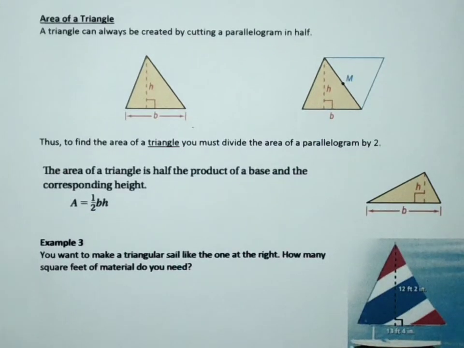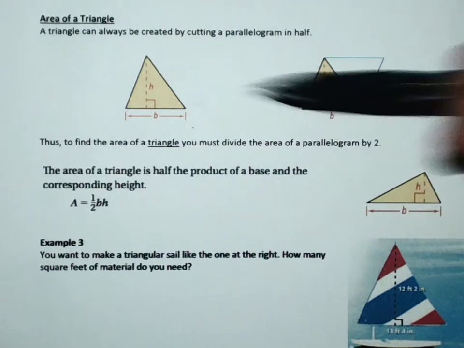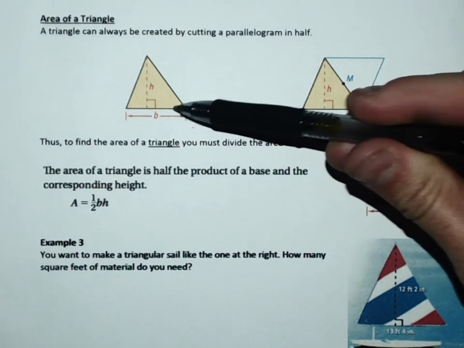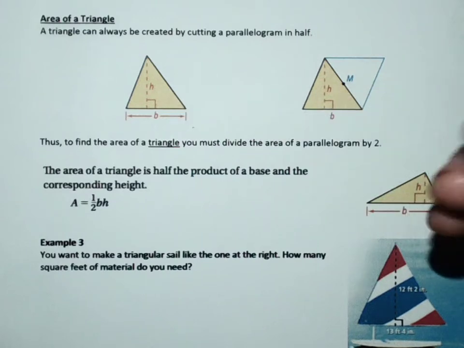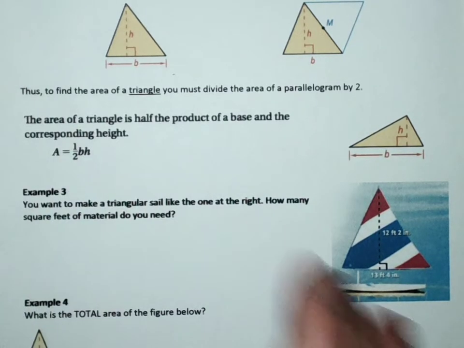All right, areas of a triangle. A triangle can always be created by cutting a parallelogram in half. If we take this parallelogram over here, we cut it in half. That's the exact same triangle that we have here. Therefore, the area of a triangle is equal to half the area of a parallelogram.